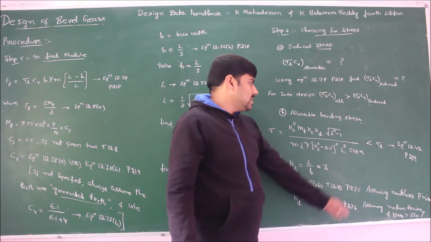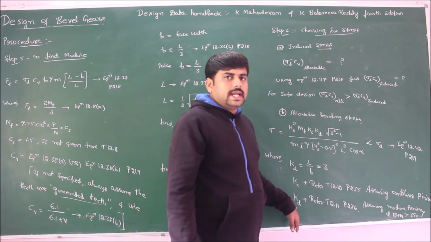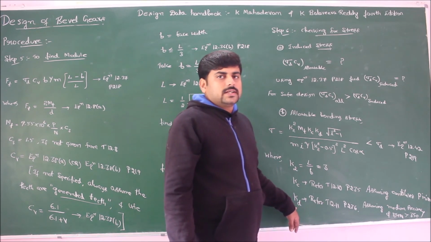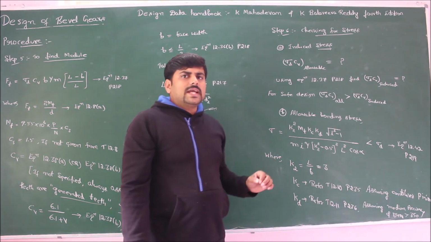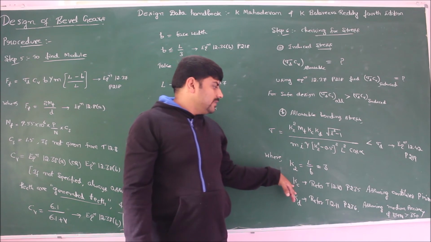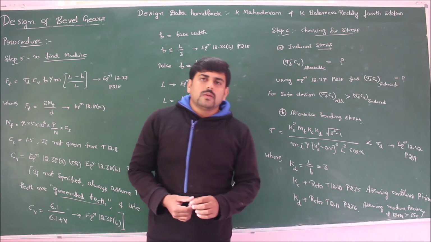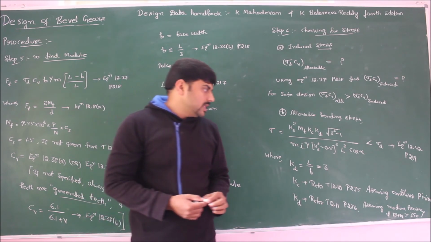Assuming BHN greater than 350 and medium accuracy of teeth, adopt the value of Kd based on the velocity and based on the ratio of face width to pitch circle diameter, adopt the value of Kc by assuming cantilever pinion, referring to table 12.10, page number 235.